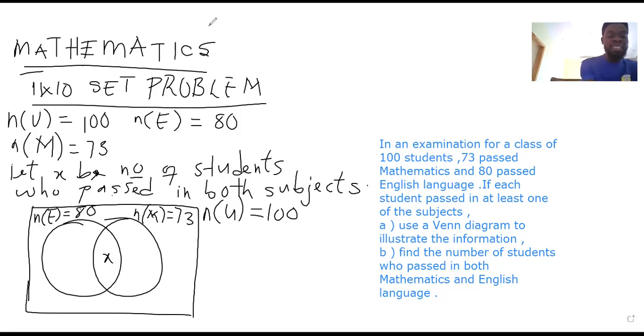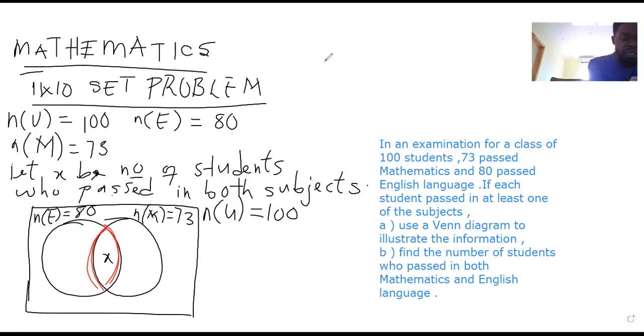When you subtract the intersection, the number of students who pass in both subjects, from the number of students who pass in English, you're going to obtain the number of students who pass in English only.